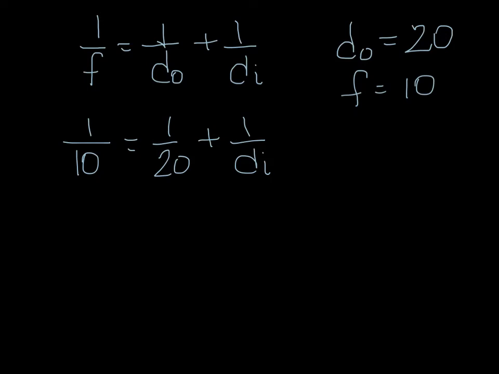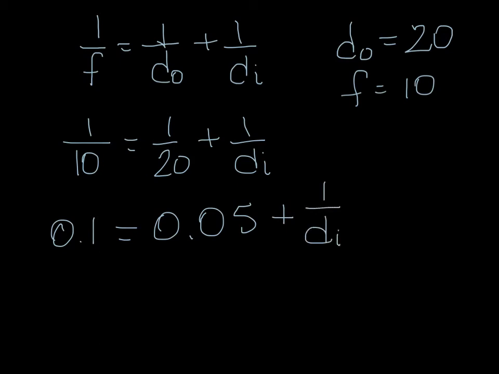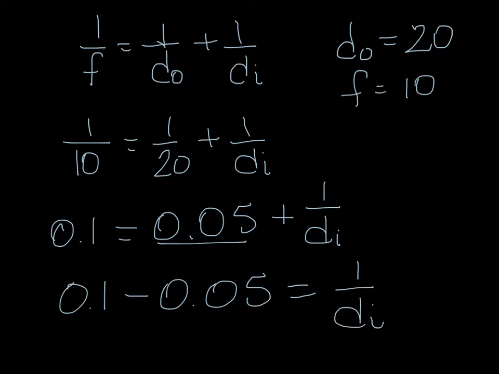The easiest way to do this is first and foremost get rid of the division and make them decimals. So 1 over 10 is 0.1 equals 0.05 plus 1 over DI. Then we move the 0.05 to the other side. So that gives us 0.1 minus 0.05 has to equal 1 over DI.